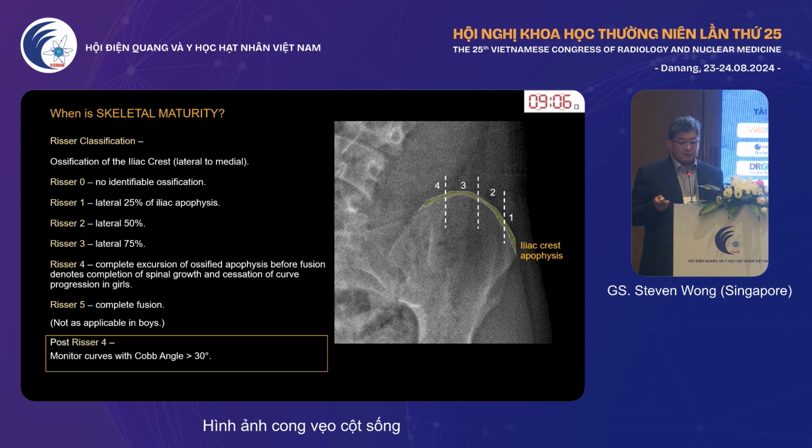The Risser scale assesses the skeletal maturity based on your iliac crest apophysis. This is, you know, you can just Google it anyway. And it's basically ossification starting from the anterior aspect of the iliac crest all the way down to the posterior portion.